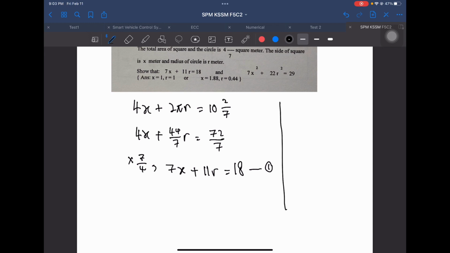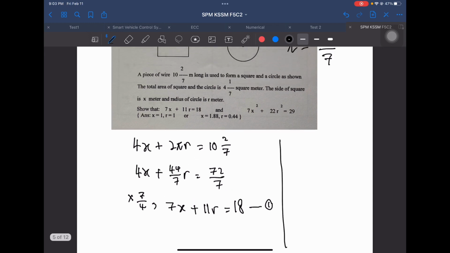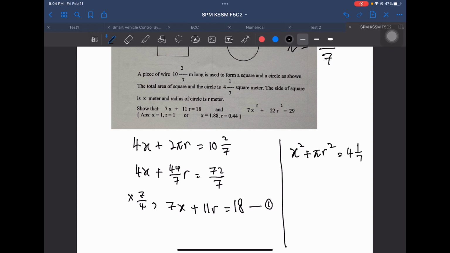Okay, so on the other hand, saying that the total area of square and circle is 4 and 1/7. So we know that area of a square, which is x squared, plus pi r squared equals to 4 and 1 over 7.